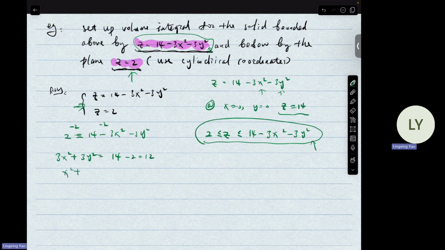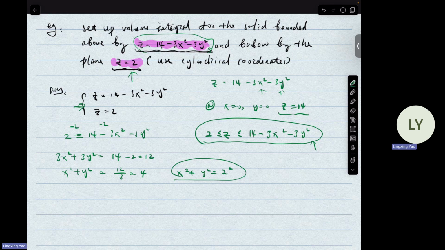We get x squared plus y squared equals 12 over 3, which is 4. So now you can see you have a circle: x squared plus y squared equals 2 squared. So the projection of the volume on the xy plane is indeed a circle with radius 2.